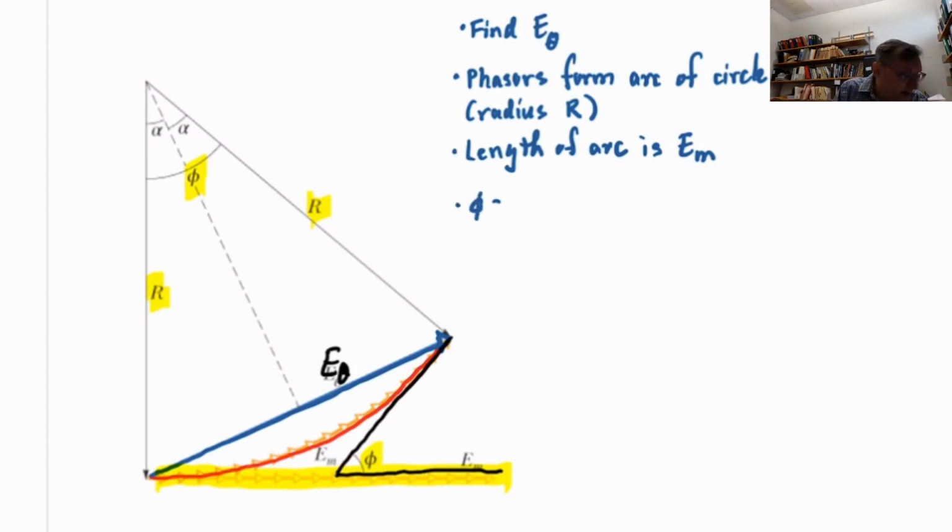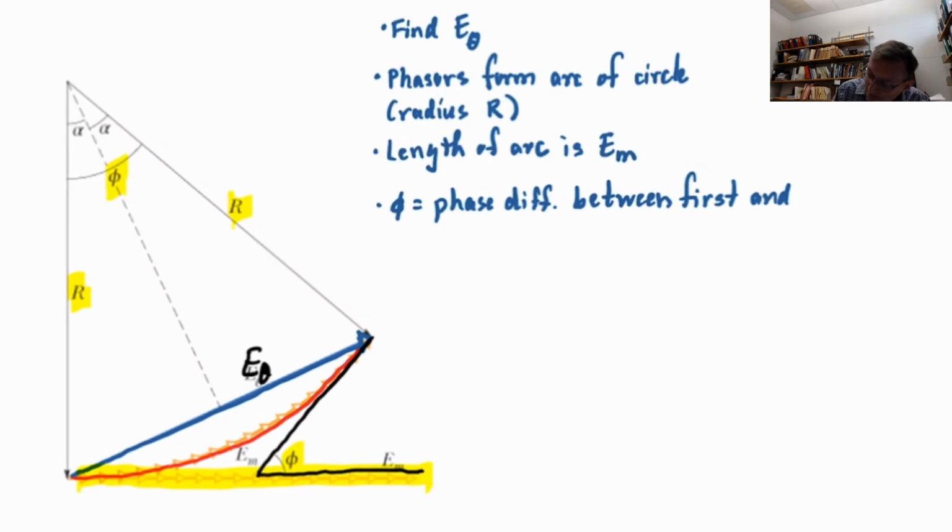So phi equals the total phase difference between the first and the last phasors, I guess I should say.